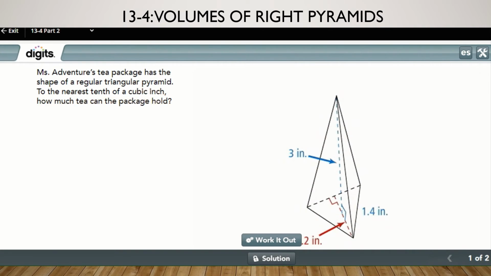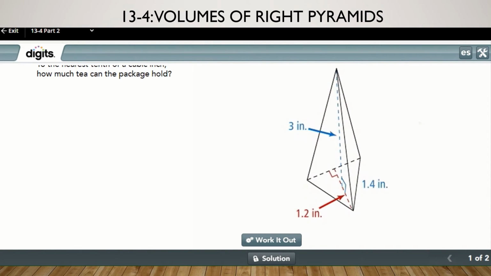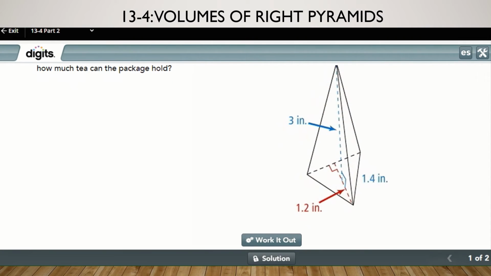So we're going to go ahead and find the area of the base first. First, we're going to identify the base. That's this here. Now we're going to write our formula. The base is a triangle. The formula for the area of a triangle is 1/2 base times height. Now we're going to substitute in the information.